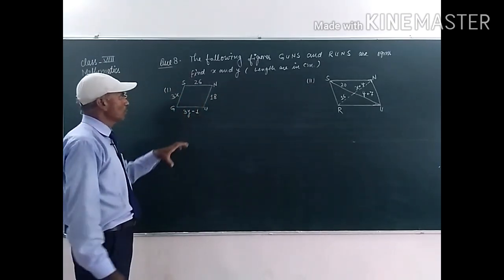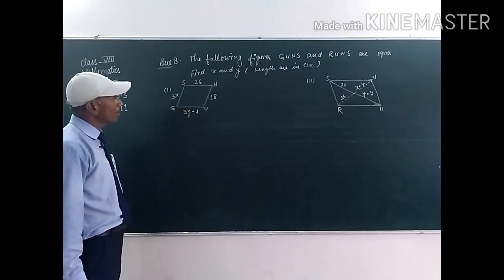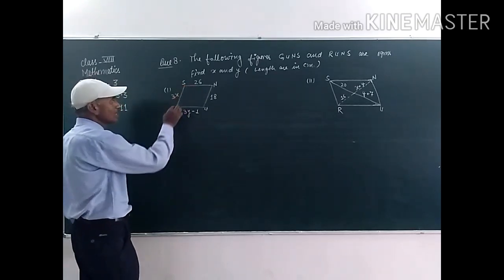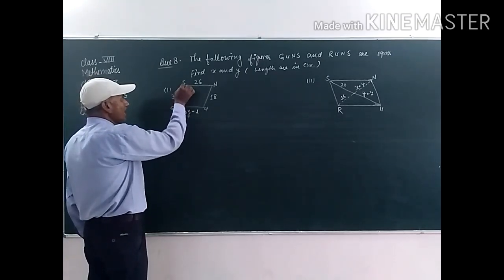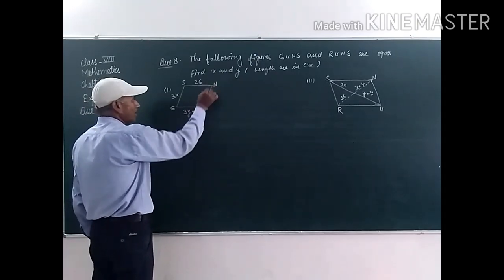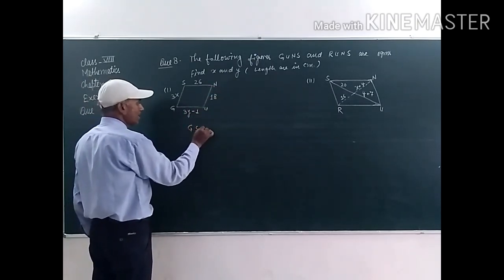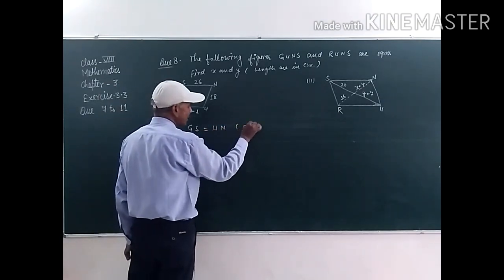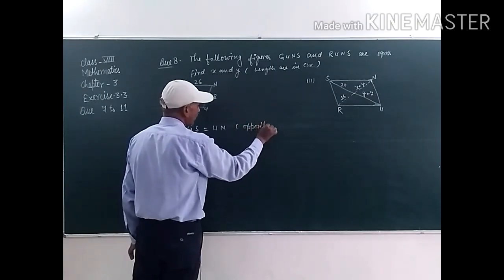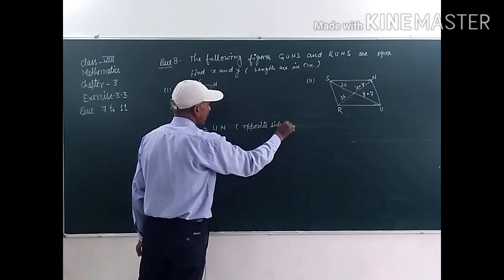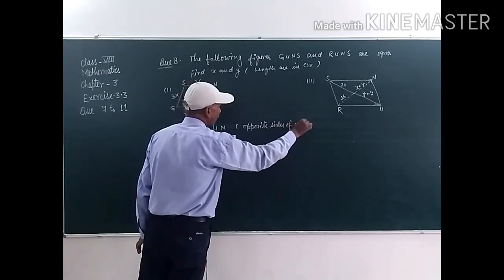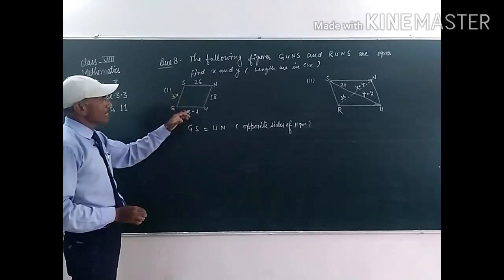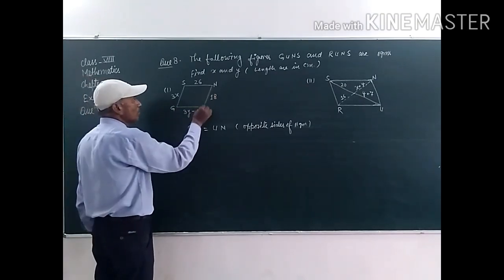So in the first figure, student, this one is a parallelogram. So we know that opposite sides of a parallelogram are equal. So in this parallelogram, GS equals UN. Reason, student, opposite sides of parallelogram. As we know that opposite sides of a parallelogram are equal, therefore GS is equal to UN.